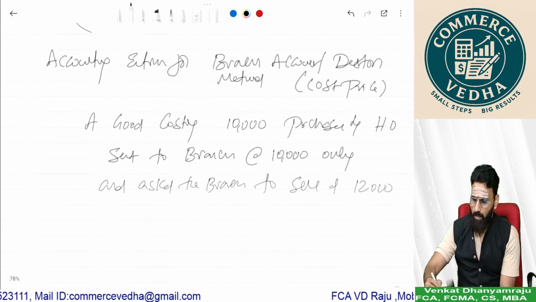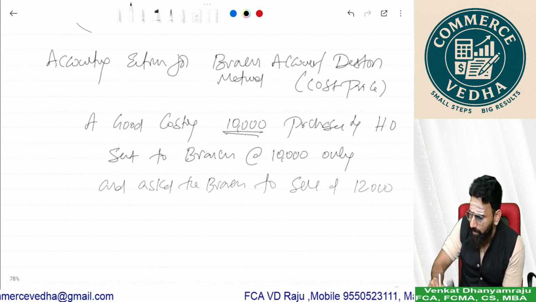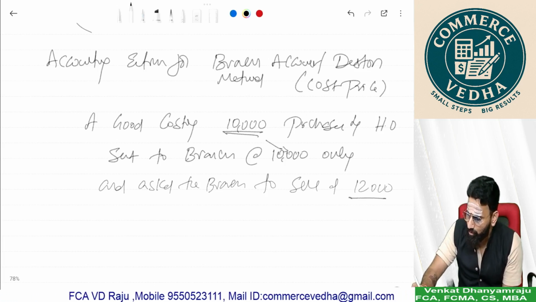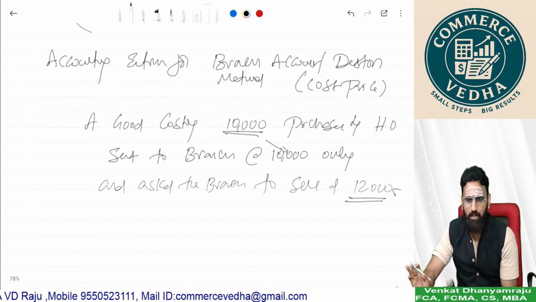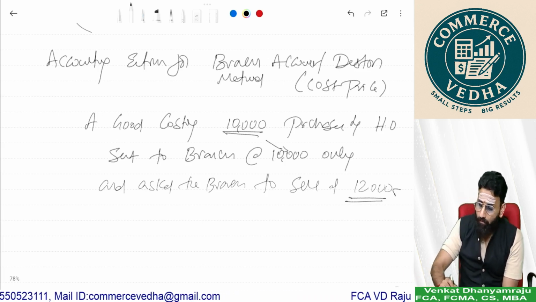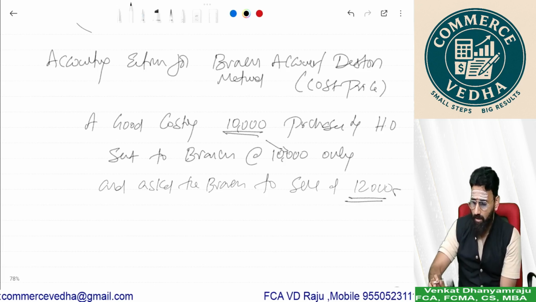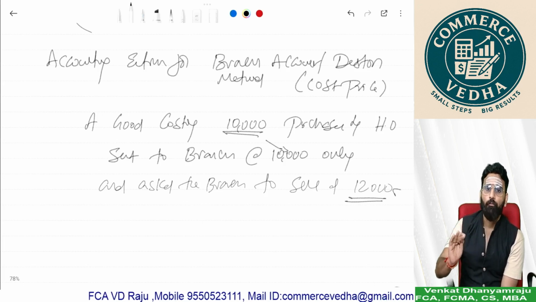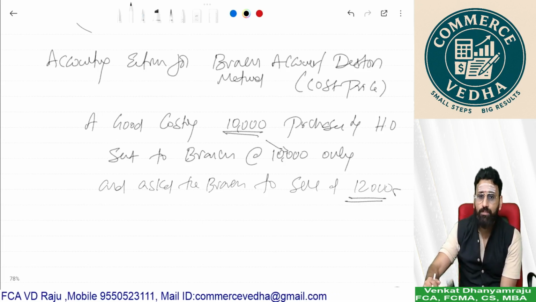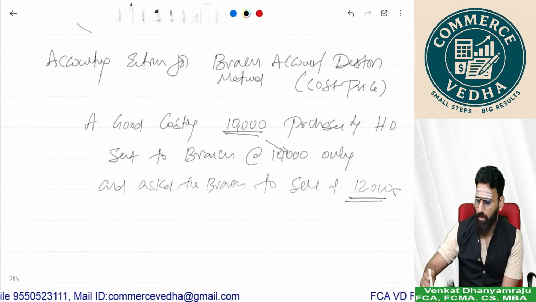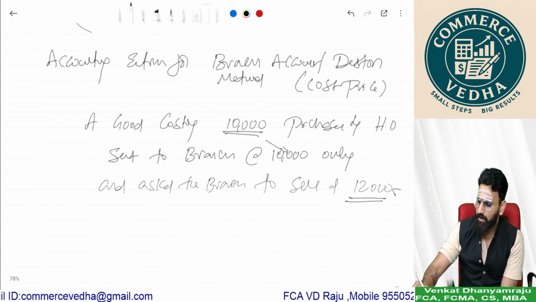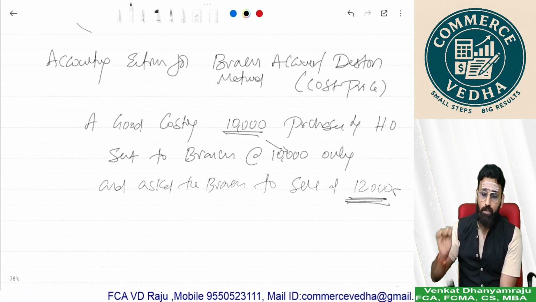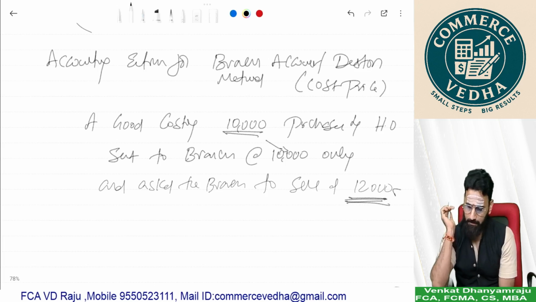So here head office is sending the goods to the branch at its cost only and asks the branch to sell the goods at a selling price. Head office is invoicing the branch at cost price only, so there is no profit that head office added to the goods while sending to the branch. The only profit is the sale price minus cost price. So this is called the cost price method.